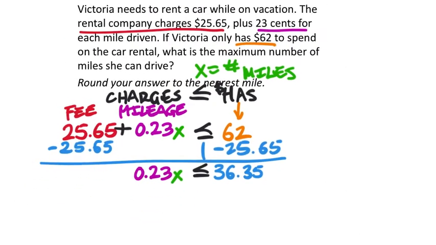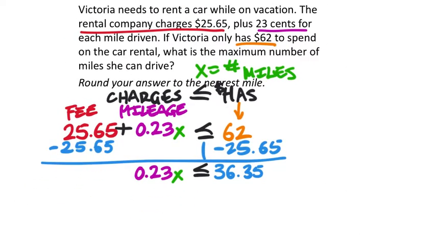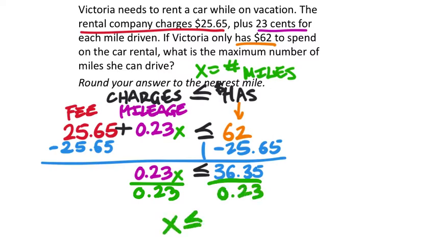But now we need to figure out how many miles she can drive, so that would be dividing both sides by the coefficient 0.23. All right, now here's the thing. I'm going to show at least a couple decimal places from when I got on the calculator. 158.043, I guess I'll round it to the fourth decimal place, not that it matters.